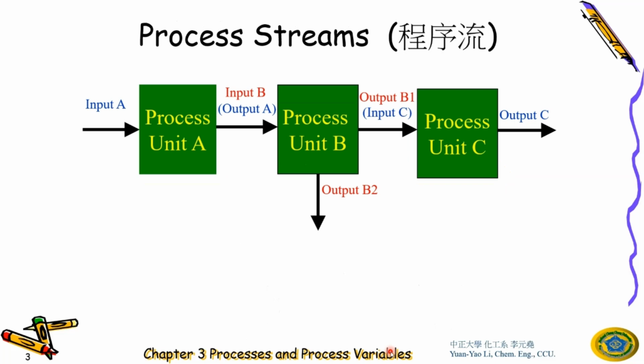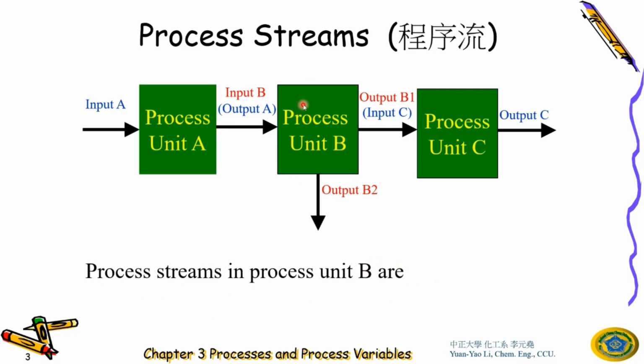So when we put process and process together, they become processes. You have process A, process B, process C. Then you have a lot of streams. Not only one input and one output, but many inputs and many outputs. This is what we call process streams. For example, what are the process streams in process unit B here?